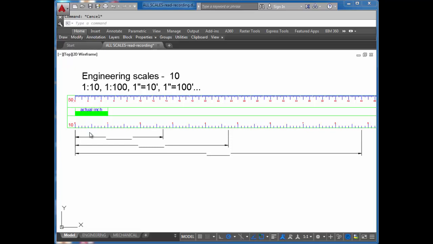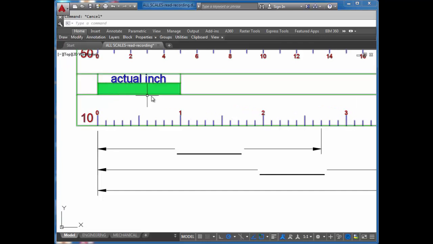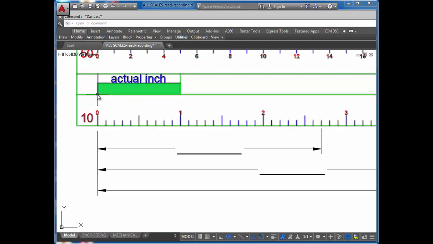With the 10 scale, you'll see that we have 1, 2, 3, 4, 5, 6, 7, 8, 9, 10 tick marks that are measured or divided within 1 actual inch.